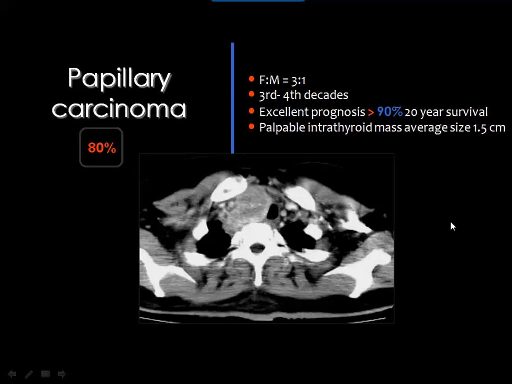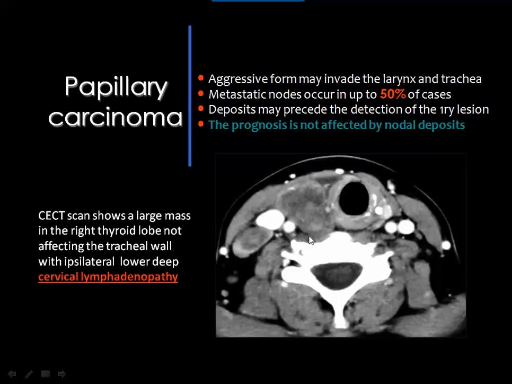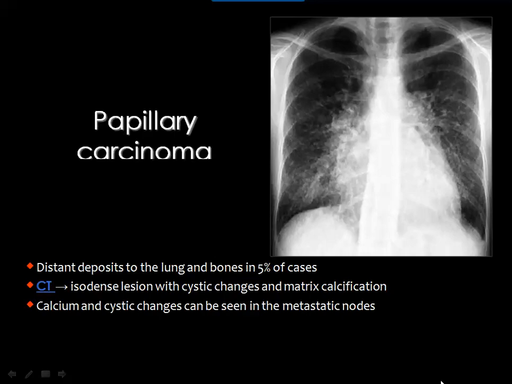It has an excellent prognosis, even in the presence of lymph node metastasis, reaching about 90% for 20-year survival rate. And here you see that there is a mass in the right thyroid lobe with metastatic node in the lower deep cervical region. And you should know that metastatic nodes occur in about 50% of the cases, and the prognosis is not affected by the nodal deposits.